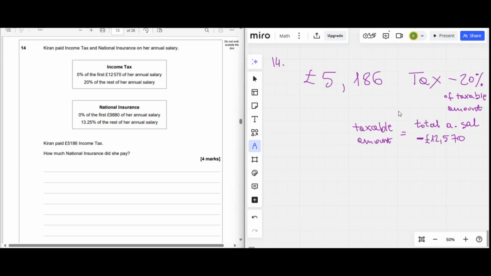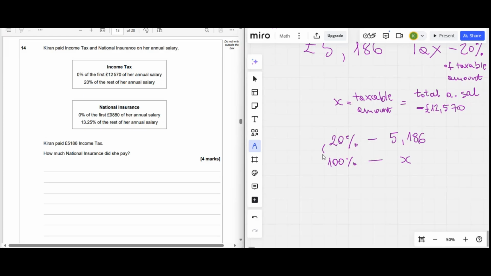Okay, so we have 20%. What we don't have is 100%. 100% will be that taxable amount out of which we got that tax amount. But this is our x, an unknown value for now. How to find x?